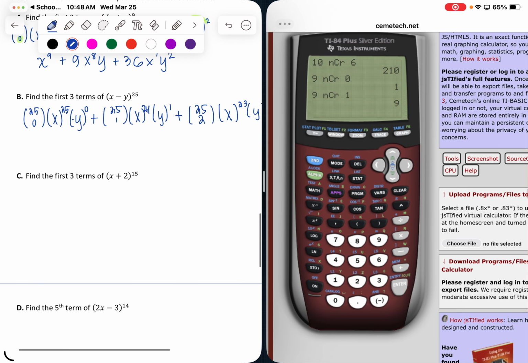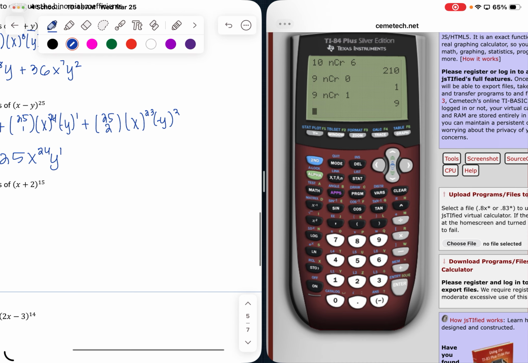25 choose 0 is 1, x to the 25th, negative y to the 0 is 1, so this is just x to the 25th. Then we have 25 choose 1, which is 25. So plus 25. Oh, this is a negative y. That's going to throw me off. I only put y in there every time. Negative y, negative y. So that's actually negative 25 x to the 24th y to the 1st.